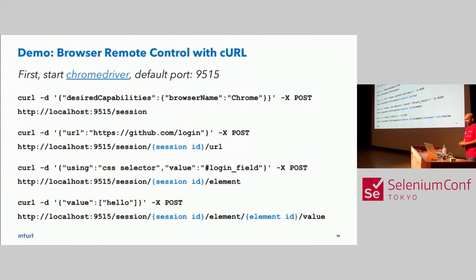So it's demo time, and what I'm going to attempt to do is prove to you that using very basic, simple, primitive HTTP commands, I'll be able to remote control Chrome. All right. So this is where I switch out into a terminal.